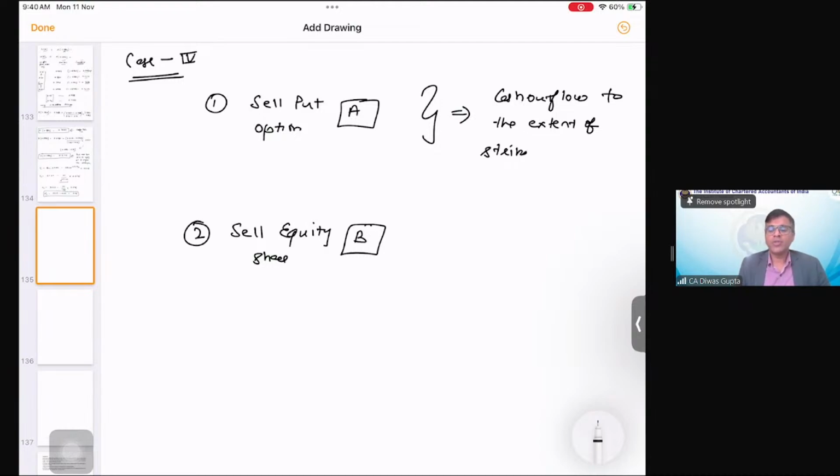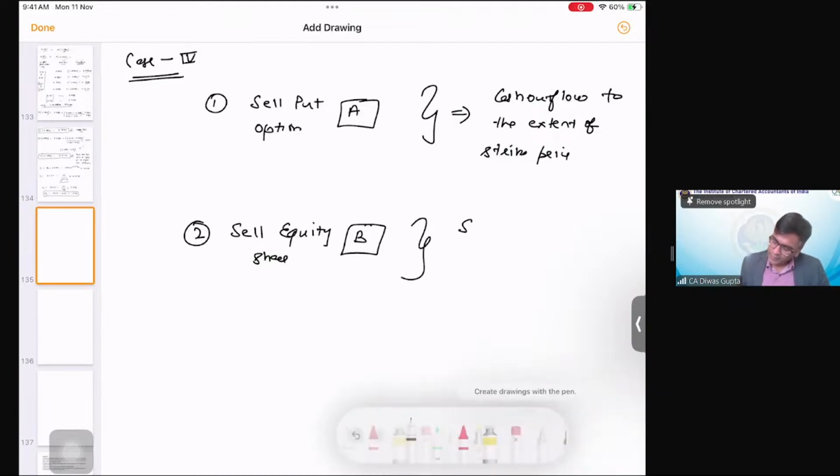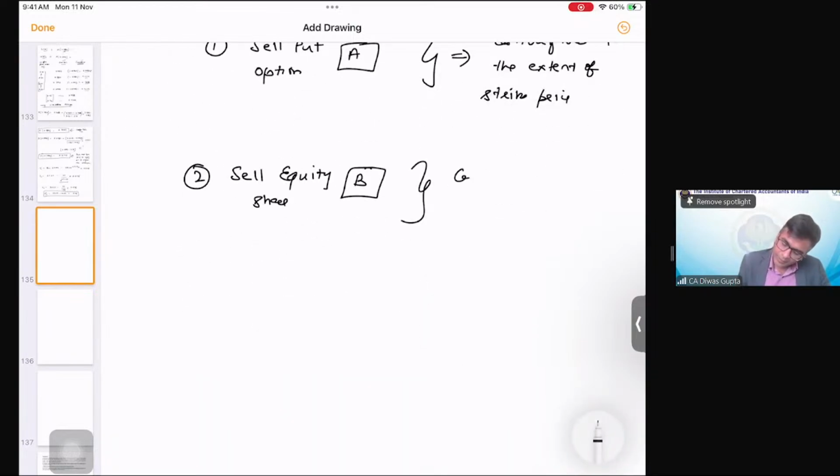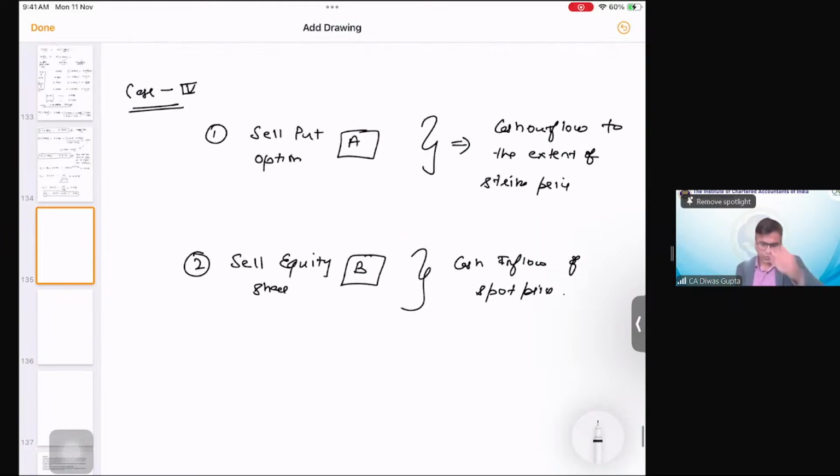Because if I'm selling the right to sell, and if the other person exercises that right, then that person will sell it to me and I will have to pay him the strike price equivalent value. Here, since I am selling the equity share today, the cash inflow will be equal to the spot price. Understood? So this A and B will change here in this manner.